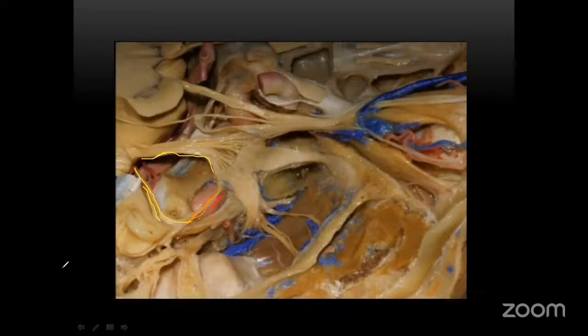Trochlear nerve? Yes, sir. This one is here, it's a trochlear, but what about this one? This is coming from here. Mandibular division of the trigeminal nerve, sir. Dr. Mustafa, what are you saying? How could it be the mandibular division of this nerve?